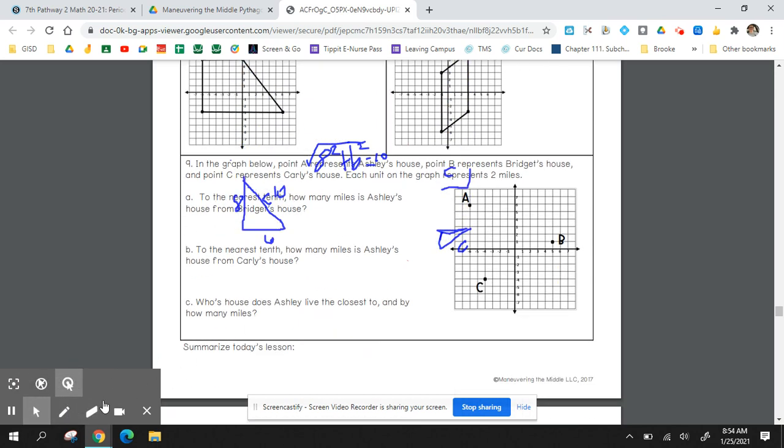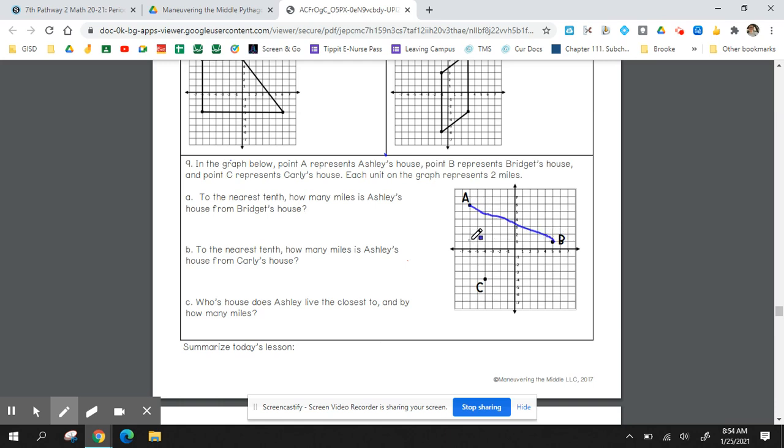And then here we're given a scenario about going between Ashley's house and Bridget's house and Carly's house. You would have to make some different assumptions here and draw some triangles. To the nearest tenth, how many miles is Ashley's house from Bridget's house? They're saying, what is this distance here? So you would make a right triangle and solve.